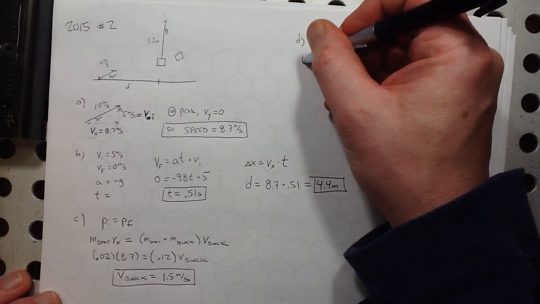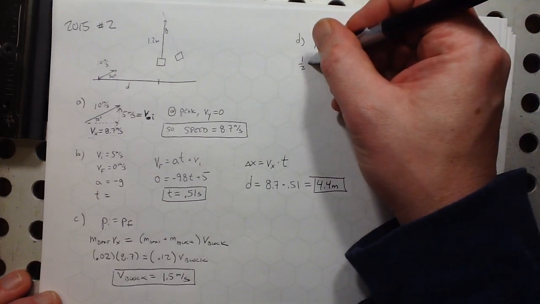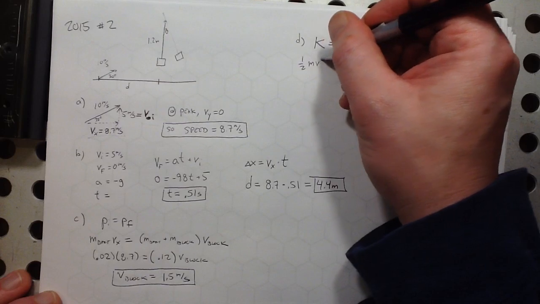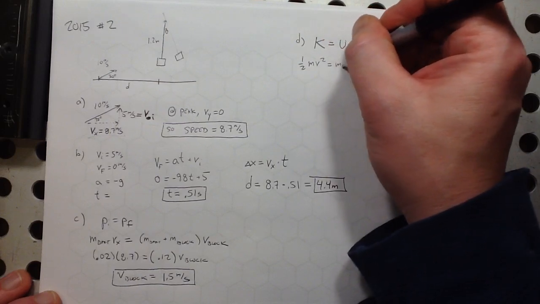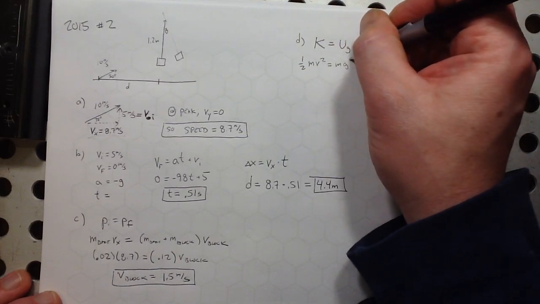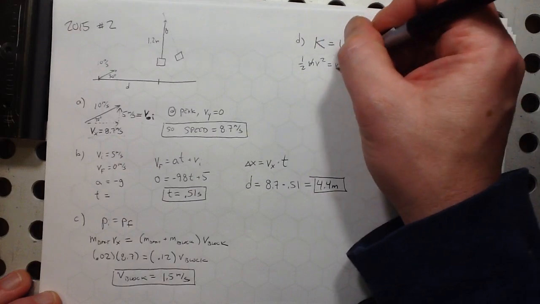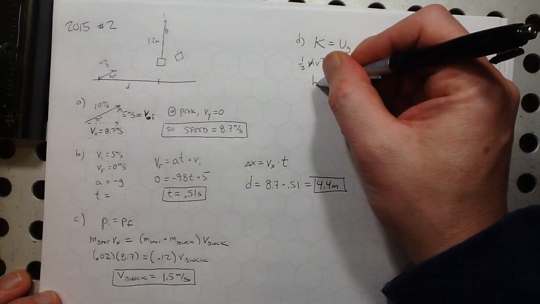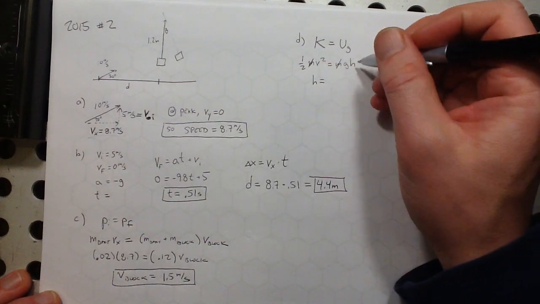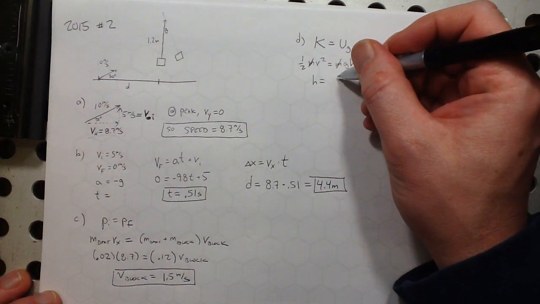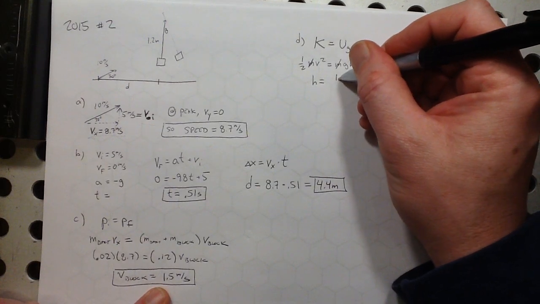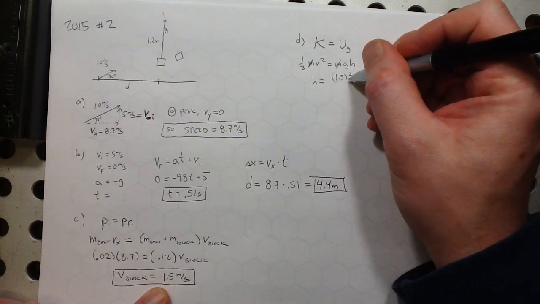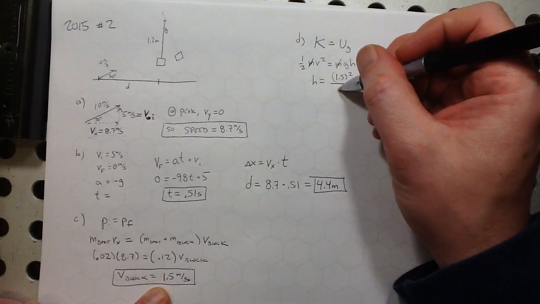So I have 1/2 mv squared equals mgh. The masses actually don't matter, so I'm not going to worry about that. And the height that the block is going to attain is v squared, that initial velocity, so 1.5 squared over 2g.